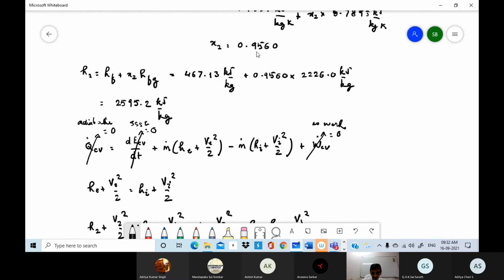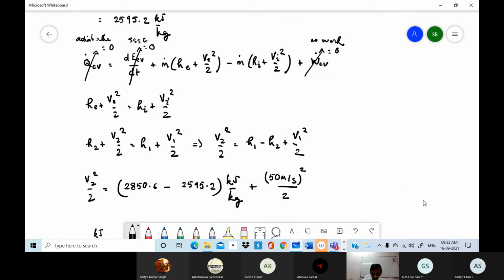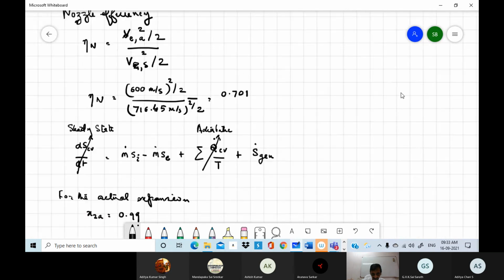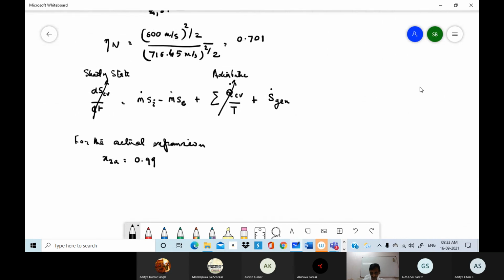So this time it was 0.956, but there it turned out to be higher, 0.99. Correspondingly, S2 actual is equal to Sf plus x2 actual into Sfg.